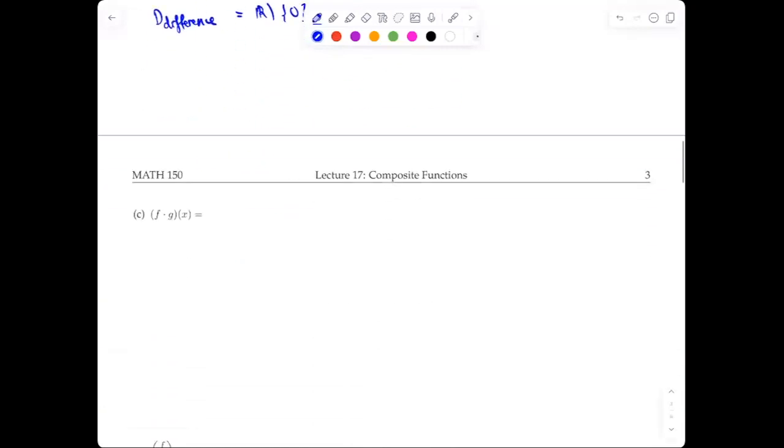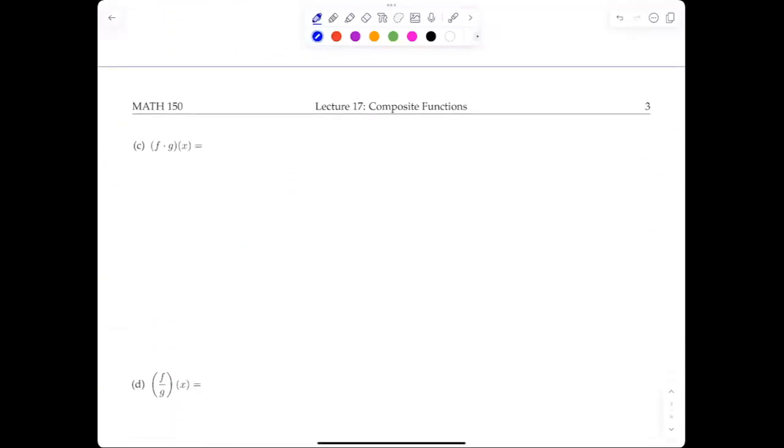Okay, now the next one is the product function. So f times g of x is equal to f of x times g of x. You get f of x to be x squared minus 1 times g of x, which is 1 over x.